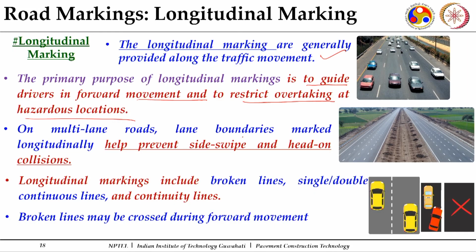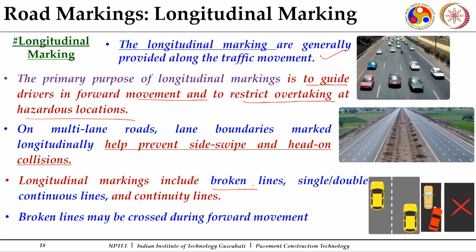On multi-lane roads, lane boundaries marked longitudinally help prevent side sweep and head-on collisions. Specifically, if there are 2 lanes moving in opposite directions, these lane markings tell you that you have to move within this particular width, and preferably avoid side sweeps.